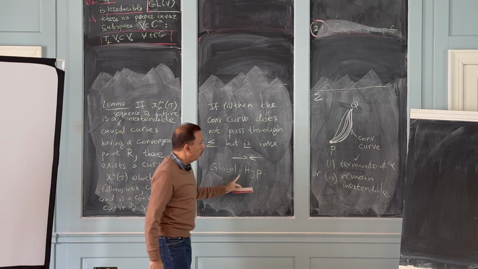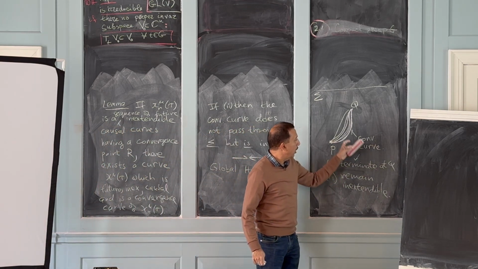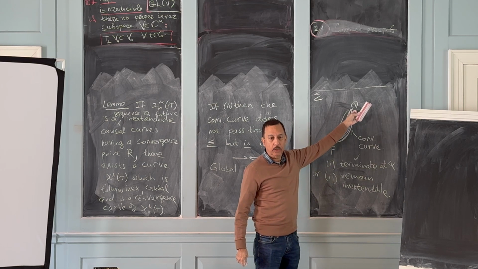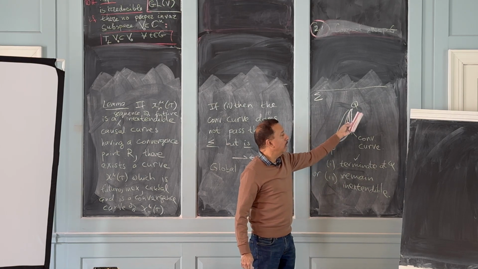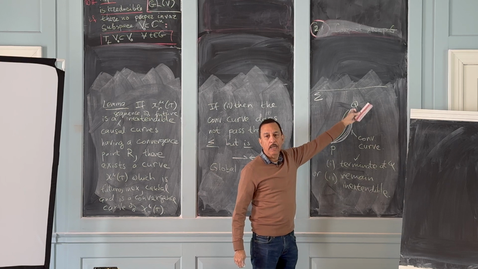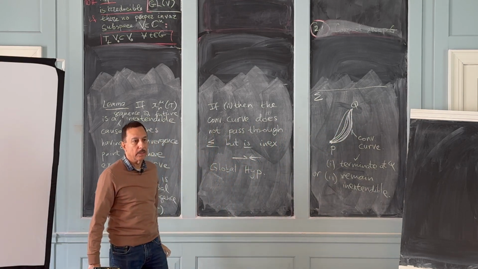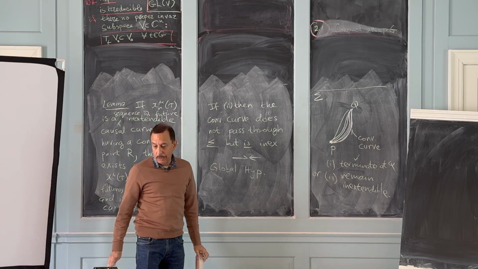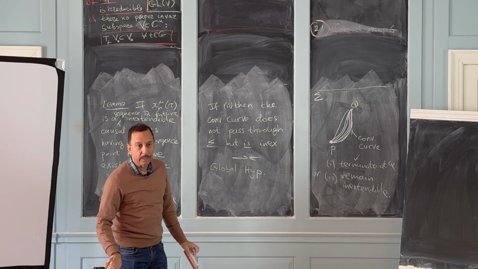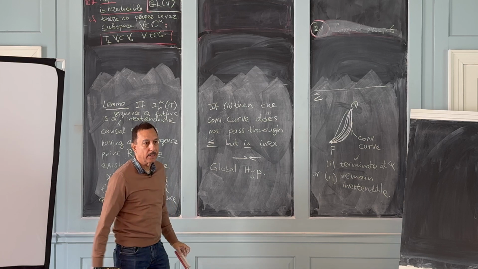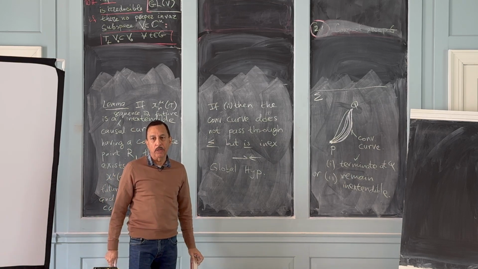So by invoking global hyperbolicity, I've even proved that the convergence curve terminates at Q, and that means every infinite sequence of causal curves has a causal curve which is its convergence curve. So the space is sequentially compact. There's a little bit of stuff about it also being second countable, but I convinced myself that that's trivially true, so we needn't go into it.